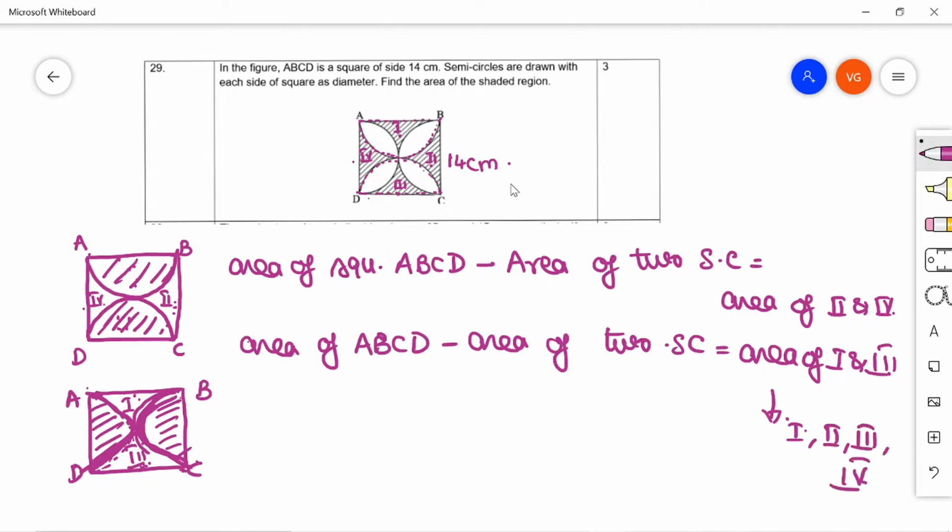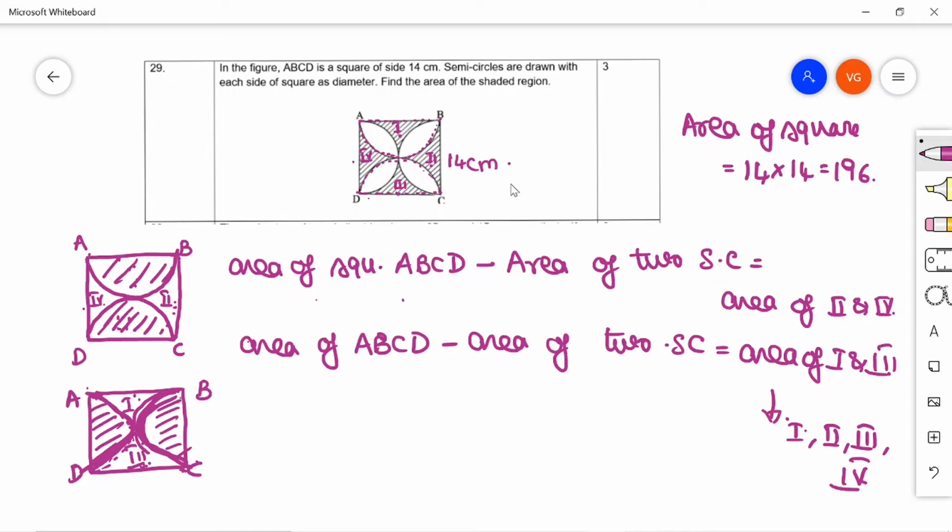For that, first we need to find out the area of the square and the area of the semicircle. Area of square, 14 is the side, no? So 14 into 14, that will be 196. Then area of the semicircle. Diameter given is 14, right?